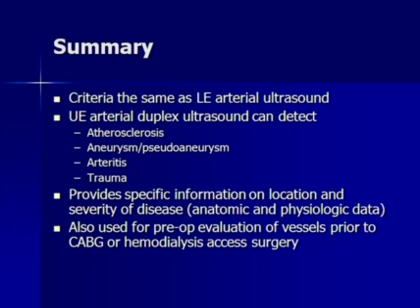Ultrasound does give us the best of both worlds in that we get the specific information on disease location and severity with both the anatomy and physiology. And certainly, in addition to symptomatic patients, we evaluate our asymptomatic patients prior to certain operative procedures such as the creation of a hemodialysis access graft or use of an artery for coronary artery bypass graft.